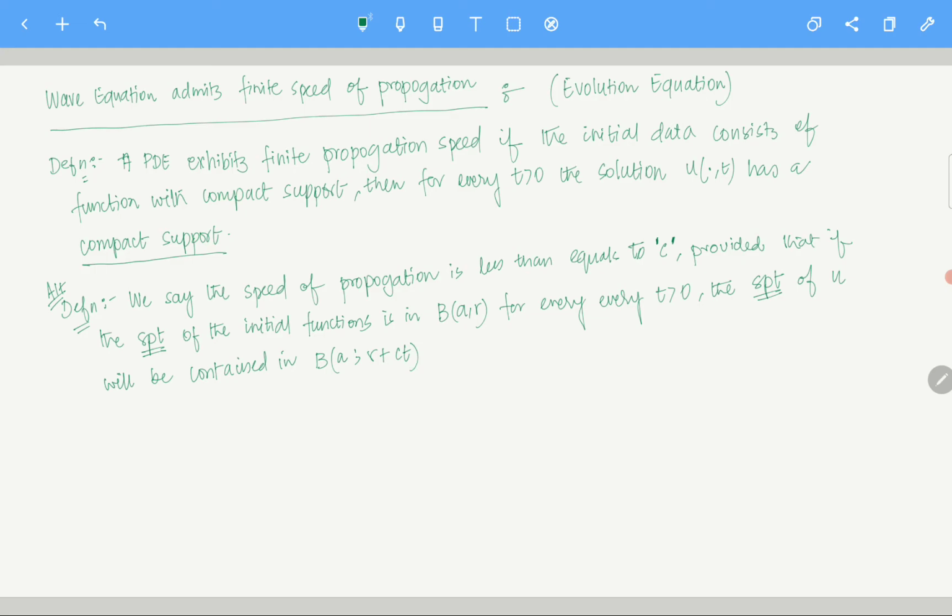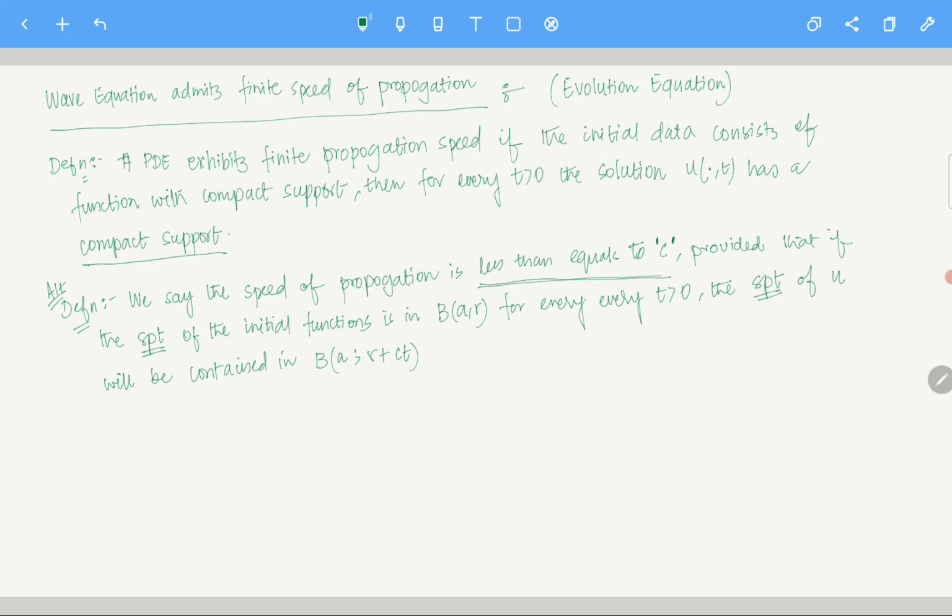Clear? So basically what we are saying is this. What is speed of propagation? When we say something has a finite speed of propagation, less than or equal to c means finite speed of propagation. I want to make it more quantitative, that is why I am writing it like this.